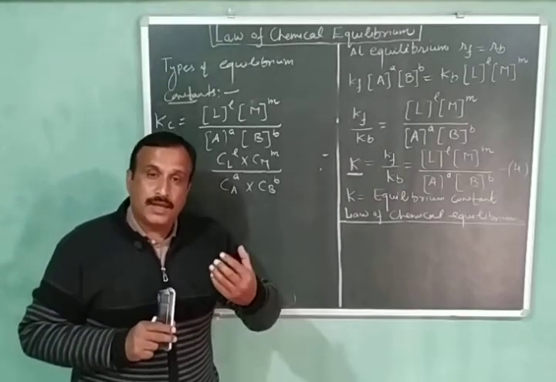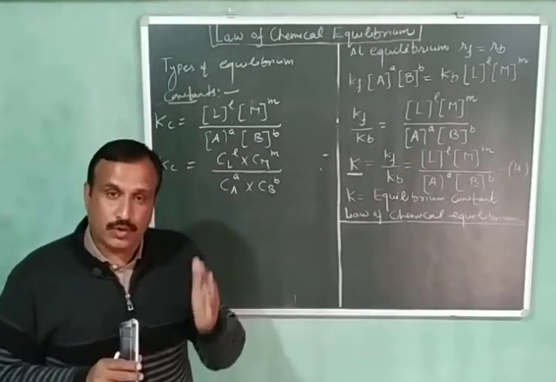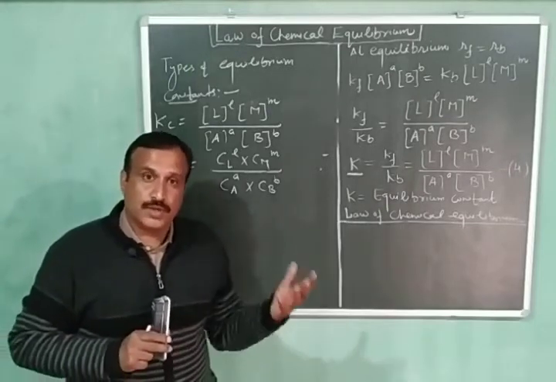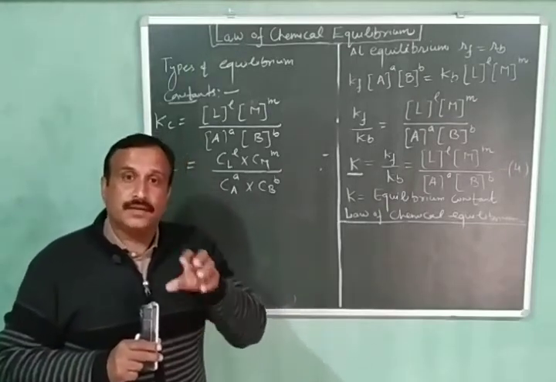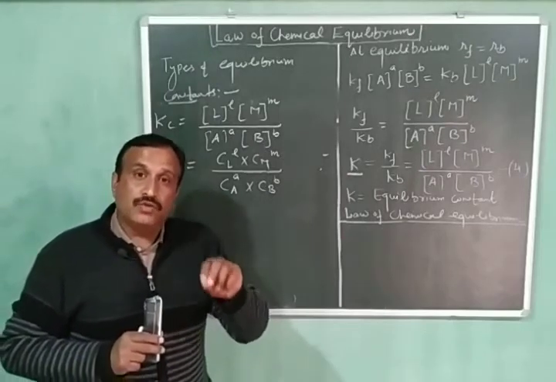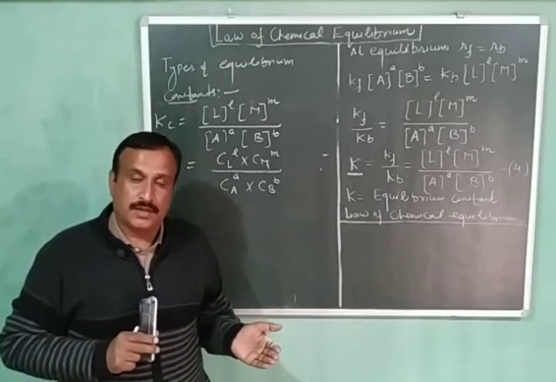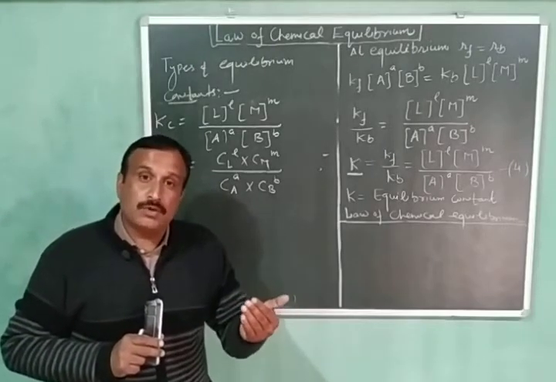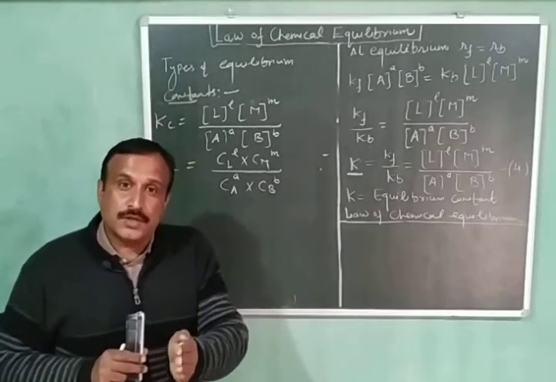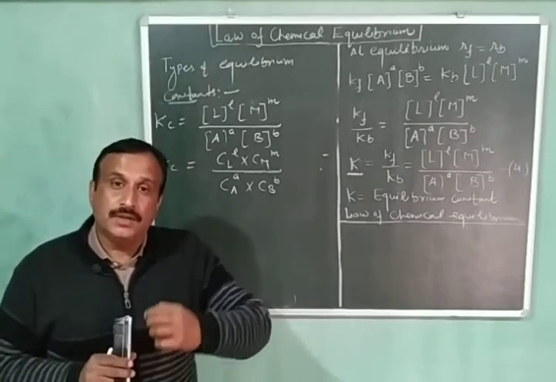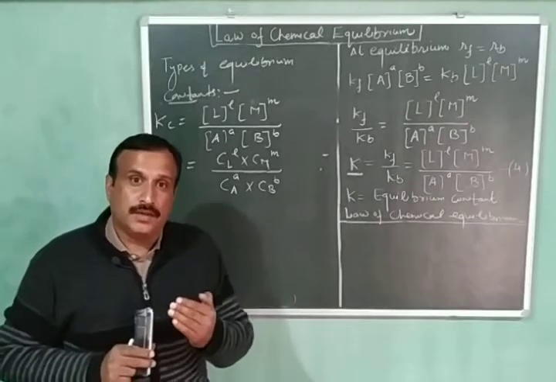When all the reactants and the products are present in the gaseous phase, then we use the partial pressures of the reactants and the products, and the equilibrium constant is called the equilibrium constant in terms of partial pressures, represented by Kp.